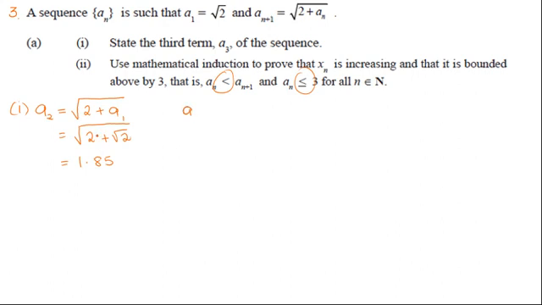So A3 is going to be equal to, according to the definition, the square root of 2 plus A2, which is the square root of 2 plus the square root of 2 plus A1, as we found it as an exact value.